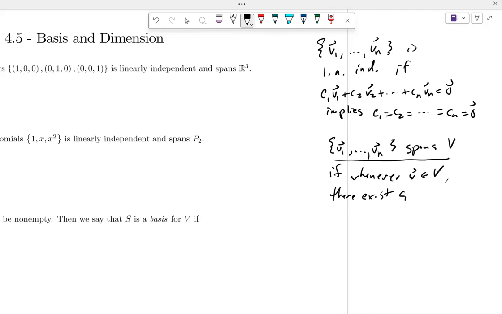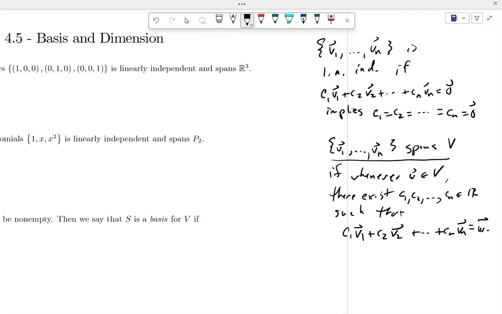So there exists C1, C2, out to Cn, such that C1 V1 plus C2 V2 out to Cn Vn equals the W. Span means that I can write every vector in V as a linear combination of the V's. That's what spanning means, right? There's a set of vectors that generates every vector in the space.